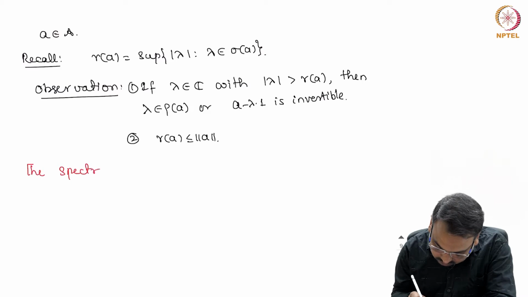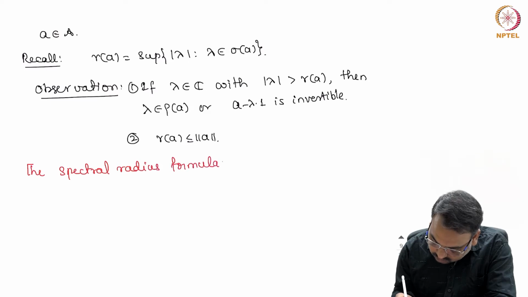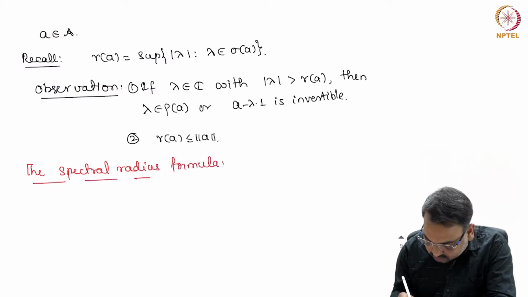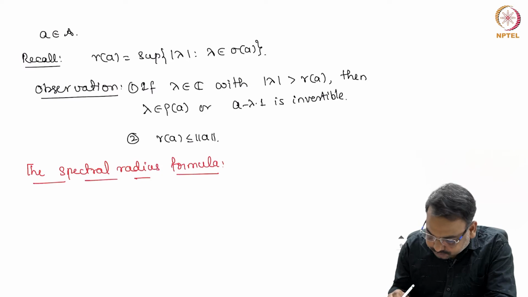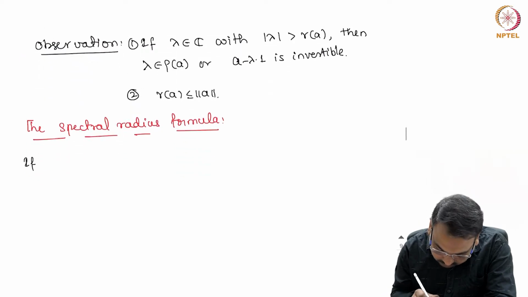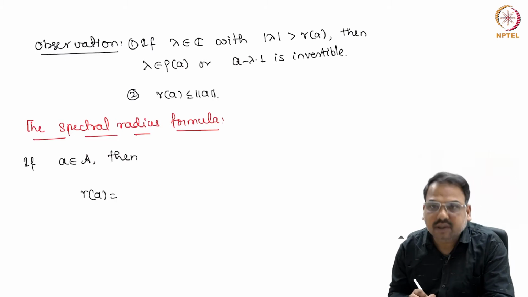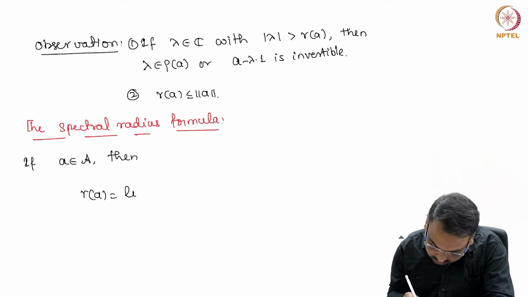The spectral radius formula says that if a is in A, then the spectral radius of a can be computed using this limit, n tends to infinity of norm of a power n, whole power 1 by n.